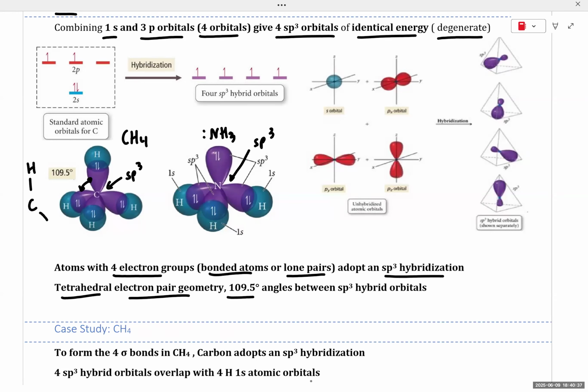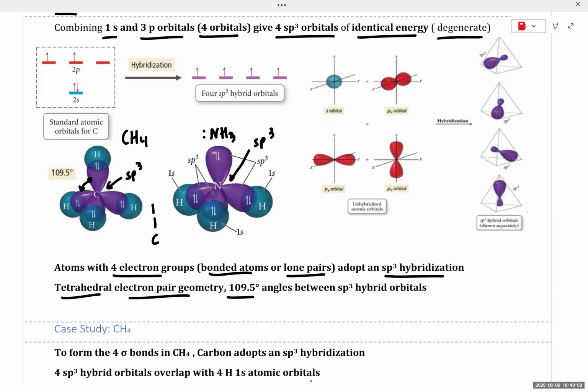This is why we draw methane the way that we do. It's to reflect the fact that this bond angle is 109.5 degrees. Okay, let me redraw this for a moment just so it's within the frame of the page.